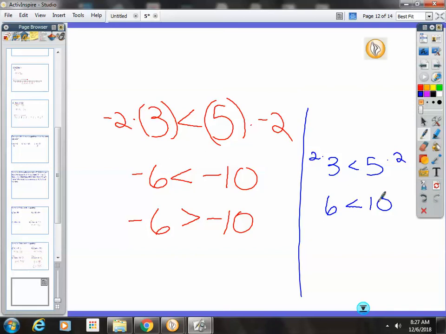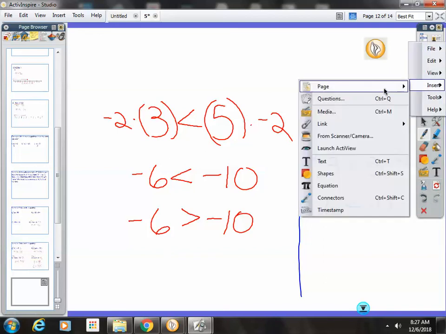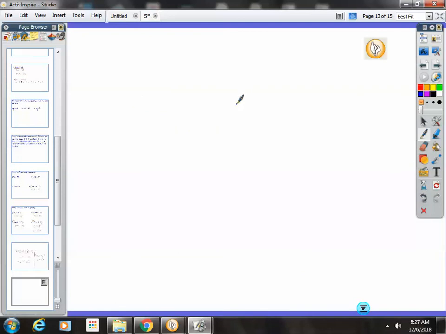Okay? And the same thing applies for division. If I was to divide both sides by a positive number, it still remains true. But if I divide by a negative number, I have to flip the symbol to make it true. 2 is less than 4, that's true, right? If I divide both sides by negative 2, I get negative 1 is less than negative 2.